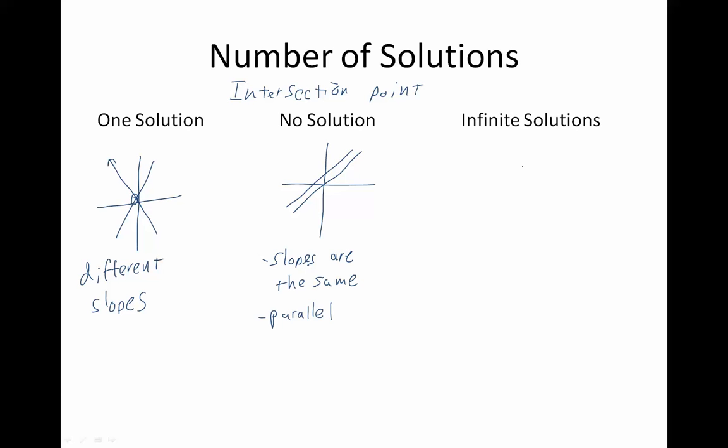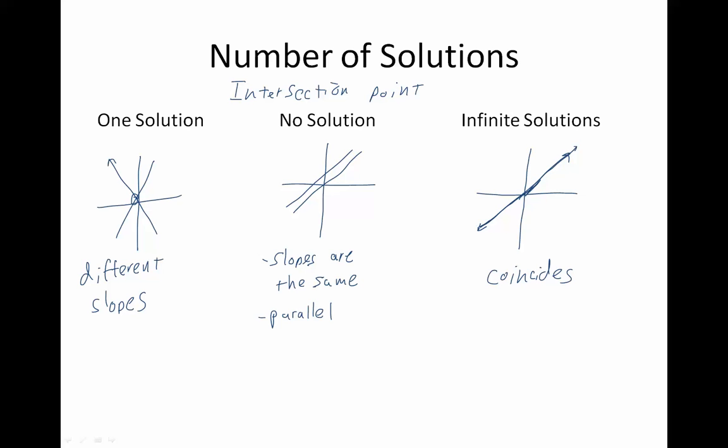And finally, the last set here is infinite solutions. Infinite solutions means they have to intersect an infinite number of times. And the only way that can happen is if you have a line that coincides with another line, meaning there is a line right on top of the other line. Notice how I'm drawing a second line on top of this one, right?